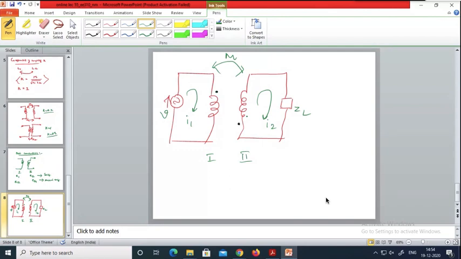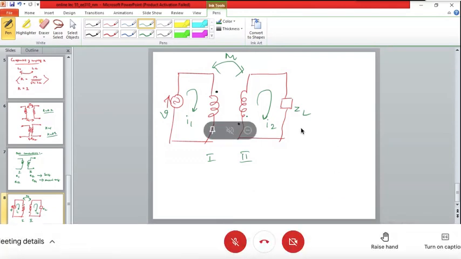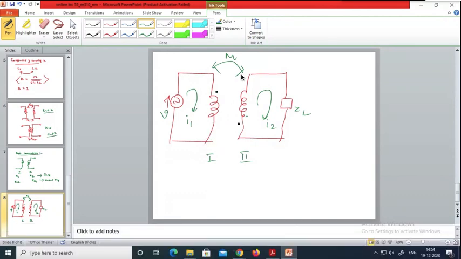That means the self-inductance and mutual inductance are having the same polarity. I repeat here, when the currents in both the coils are entering the dotted terminals or leaving the dotted terminals in a similar fashion, then you can say that the mutual inductance and the self-inductance are having the same polarities.